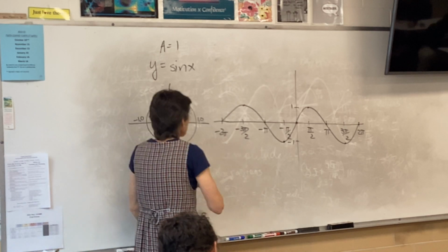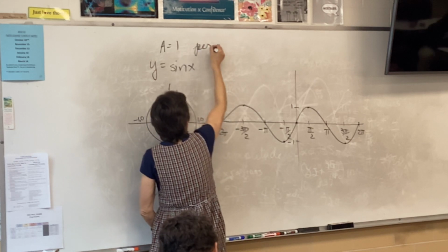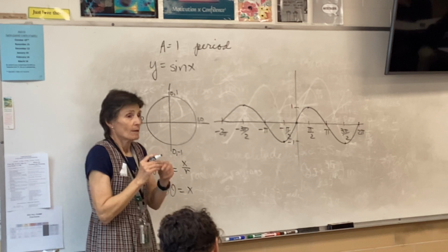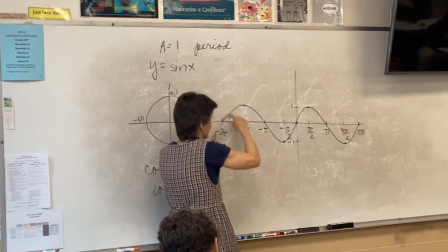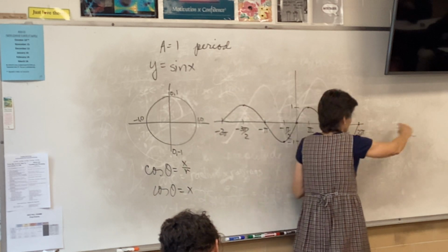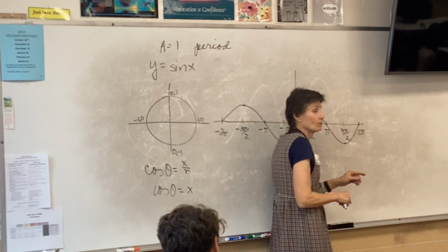Now, I also want to talk about the period of the curve. This curve repeats. It's got a hill and a valley, a hill and a valley. If I kept going, another hill and valley, it would just keep going forever and ever.